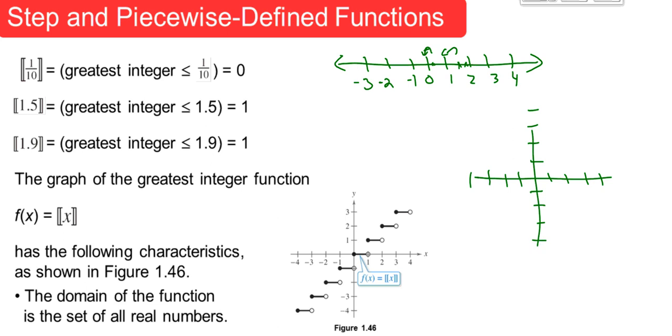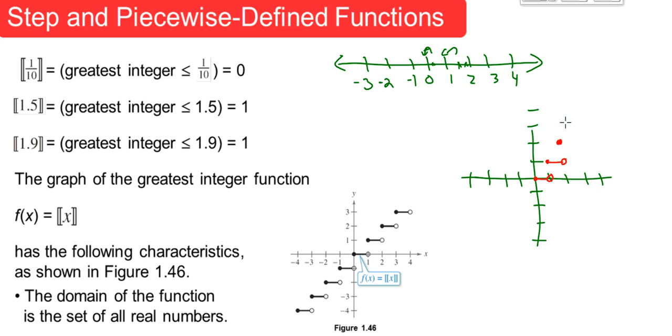So what happens here is, if x equals 0, the greatest integer is 0, and all these decimals up to 1. But as soon as you get to 1, it hops back up to 1 here. And then all these, the greatest integer is 1 until you get to 2. Then you get to hop up here to 2.